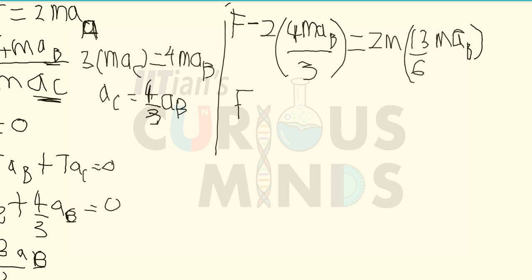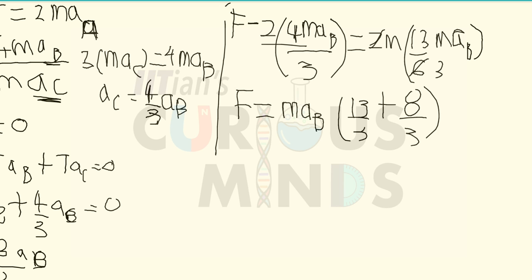So F will be equal to, when I add it, m aB will be common over here. So 13 by 3 plus 8 by 3, which will be 21.